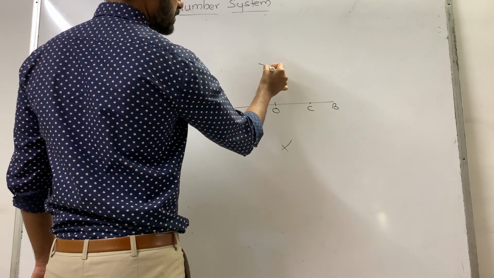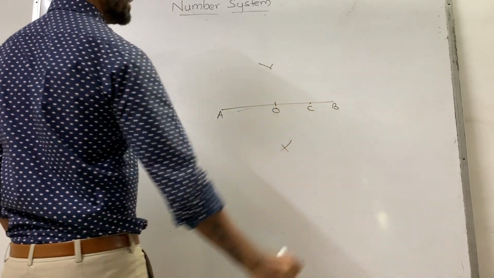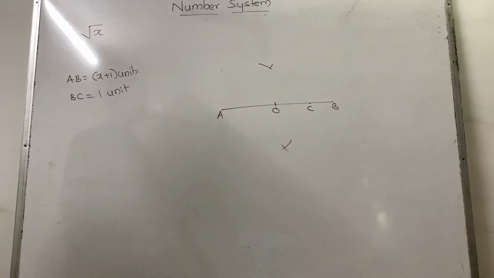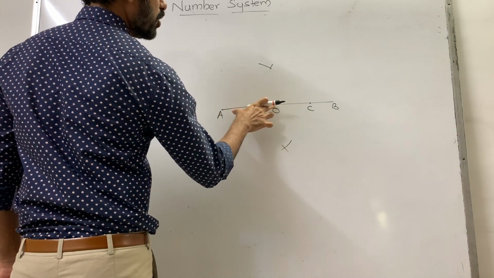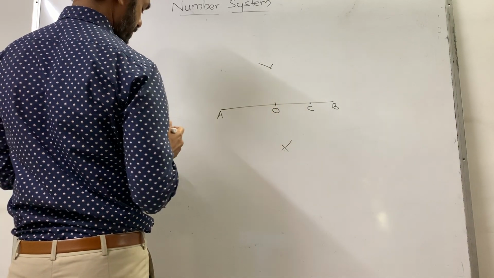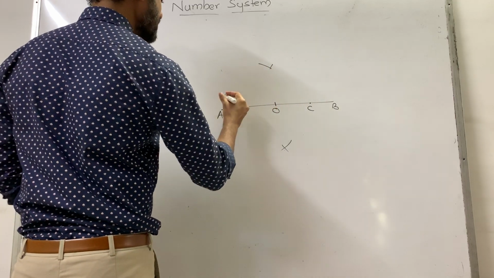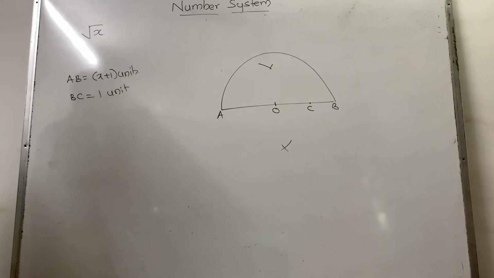Now the line passing through these 2 points gives the midpoint of AB. Next step, take O as center and radius OA and draw a semicircle passing through A and B.